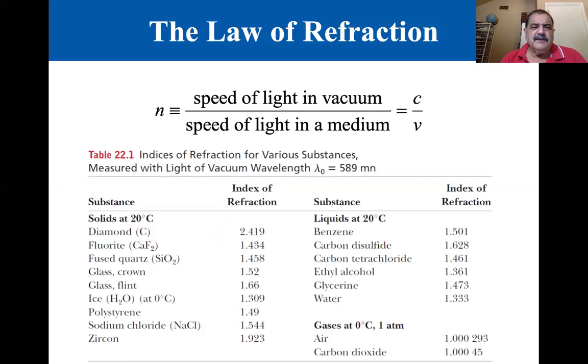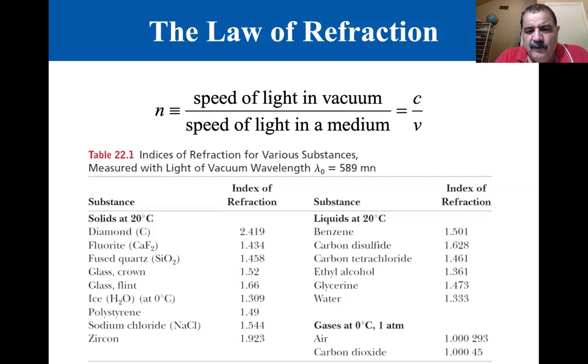Okay, so let's look at some of these indices of refraction. You can see the largest one here is diamond, 2.419. Now it's unitless, because you have 3.0 times 10 to the 8 meters per second over some other velocity in meters per second. The meters per second cancel, and you're just left with a unitless index.